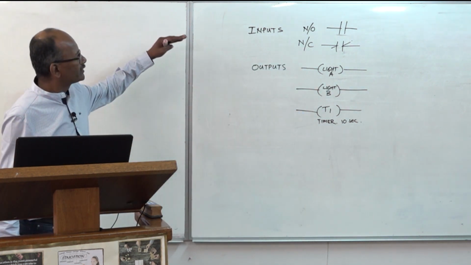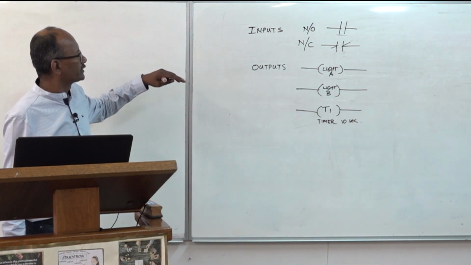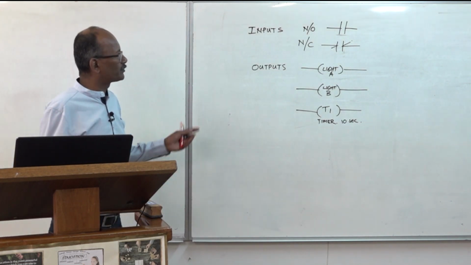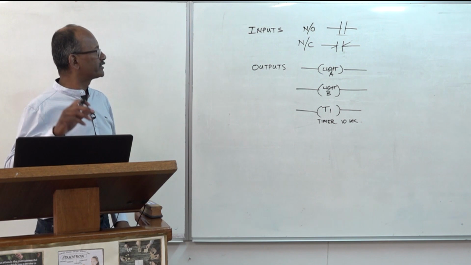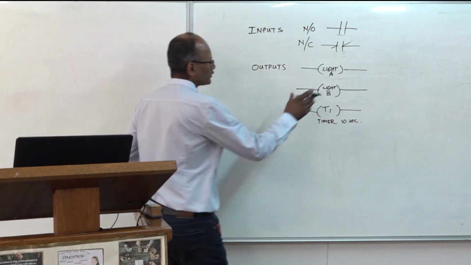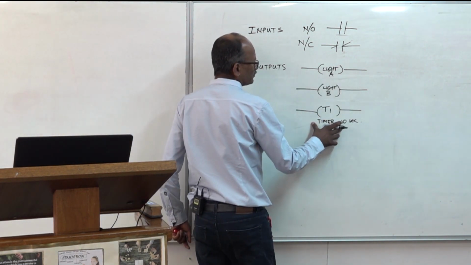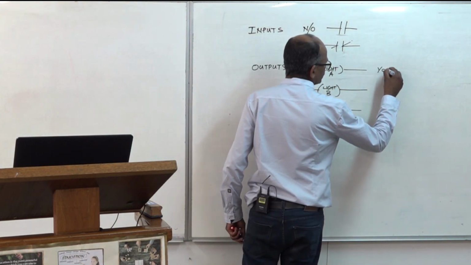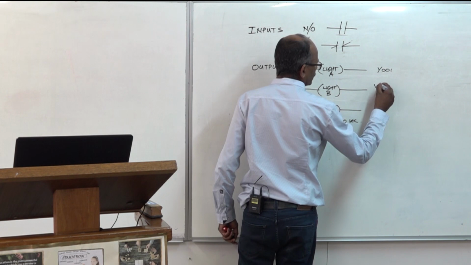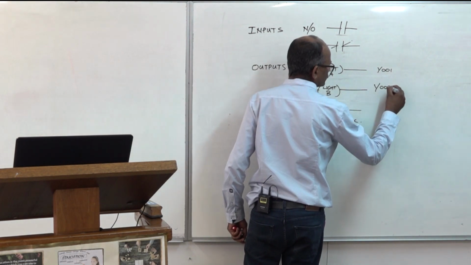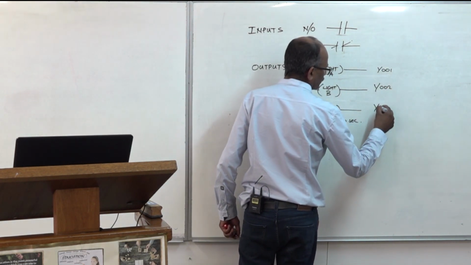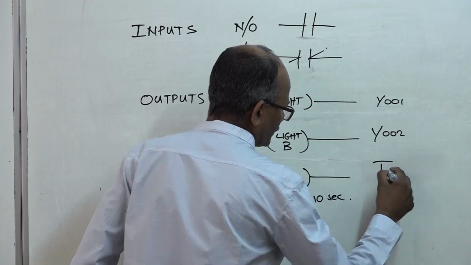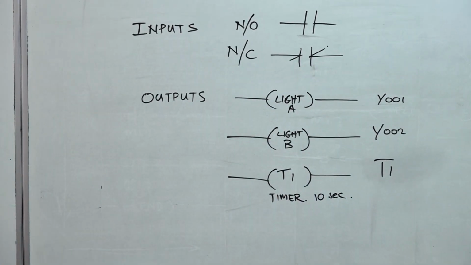I now have listed my inputs and my outputs. I now need to give them addresses so that when I'm designing the program, I don't make a mistake and repeat addresses. Because these are outputs, they're all going to be Y. So I can say light A is Y001, light B, Y002, timer, Y003. Or in some cases, I could just use T1.